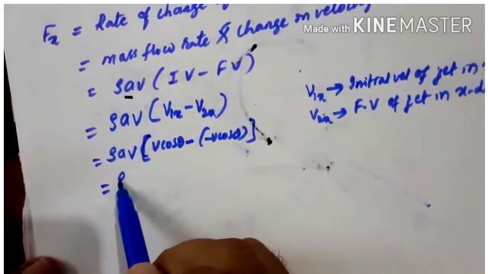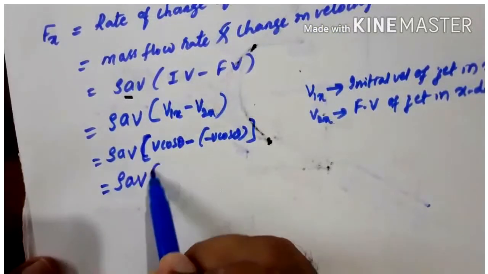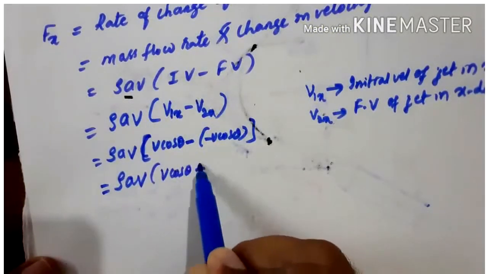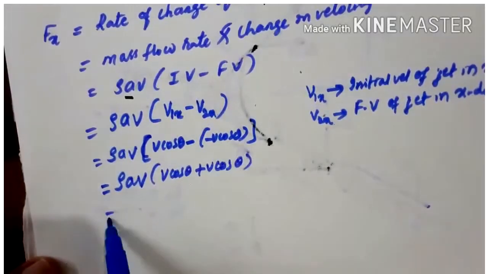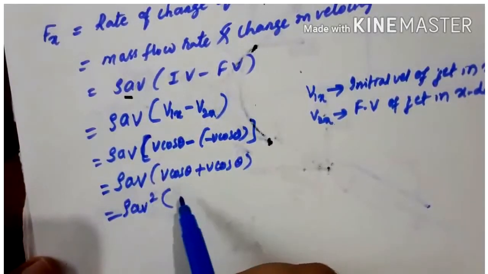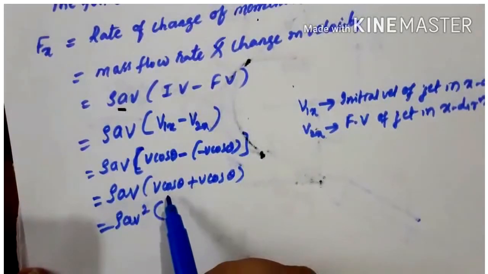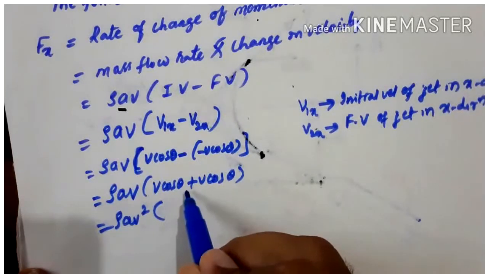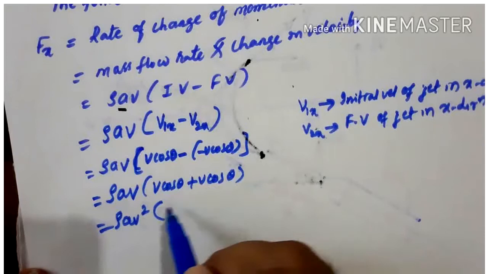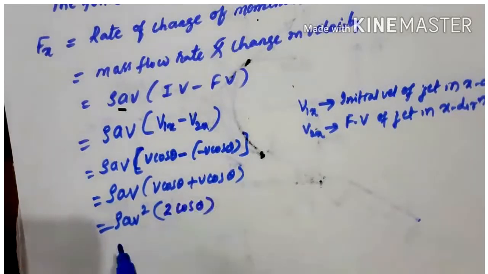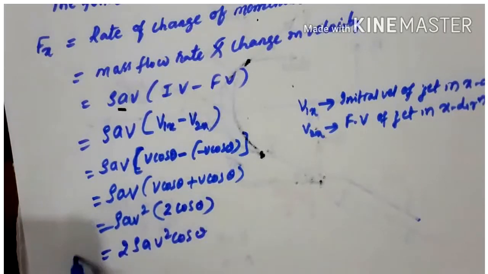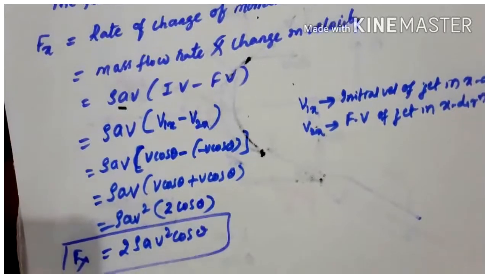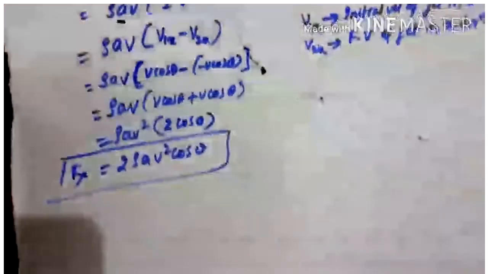Simplifying, I get rho a v times (v cos theta plus v cos theta). Taking v out, rho a v square, and v cos theta plus v cos theta becomes 2 cos theta. Finally the answer is 2 rho a v square cos theta. This is Fx, the force exerted by the jet in the x direction.